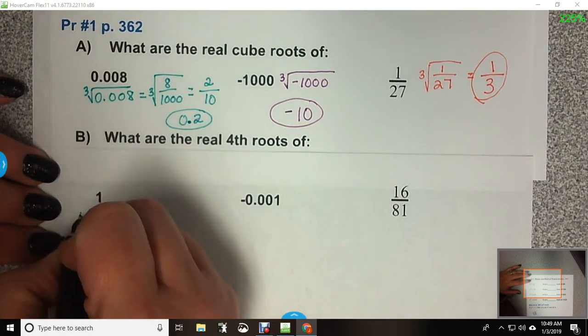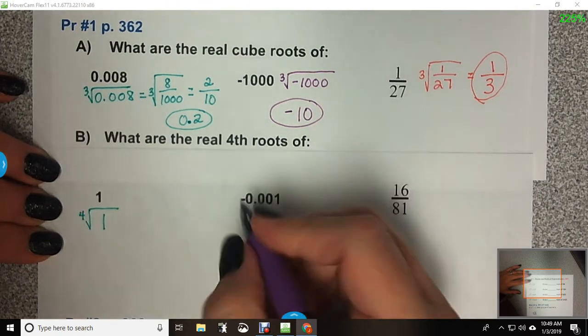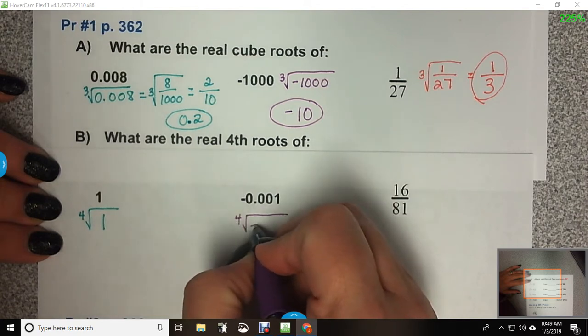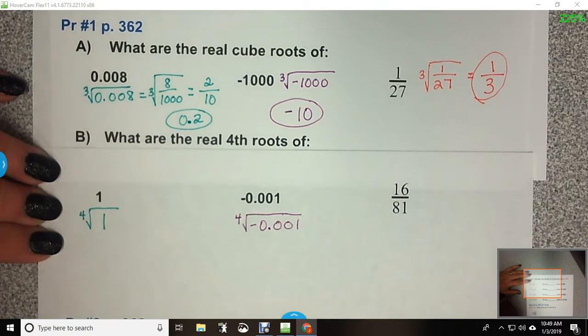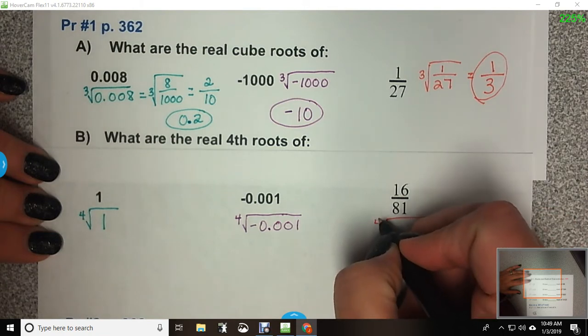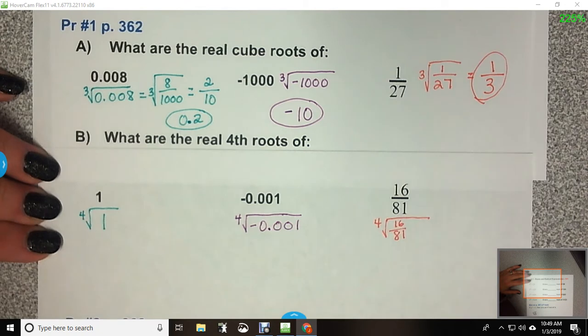This would be the fourth root of 1. Going to be the fourth root of negative 0.001. And finally, I have the fourth root of 16 over 81.